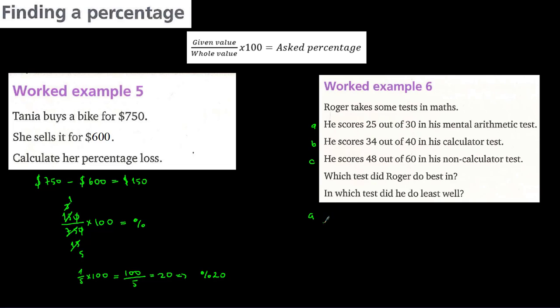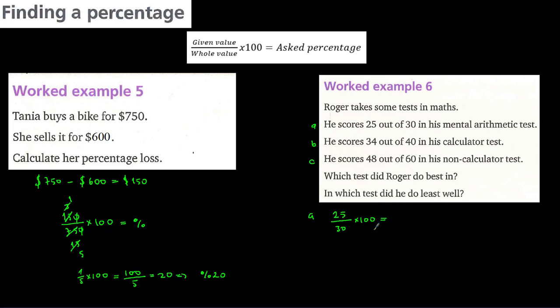So we are going to calculate 25 divided by 30, the given value over the whole, and multiply by 100, so you can find how much percent he got in the exam.